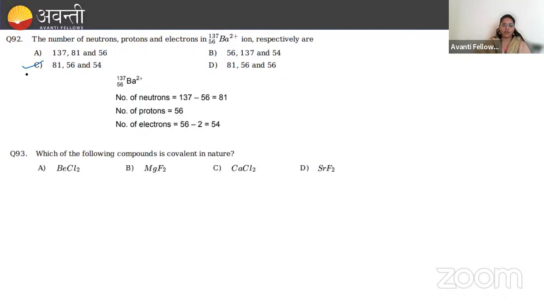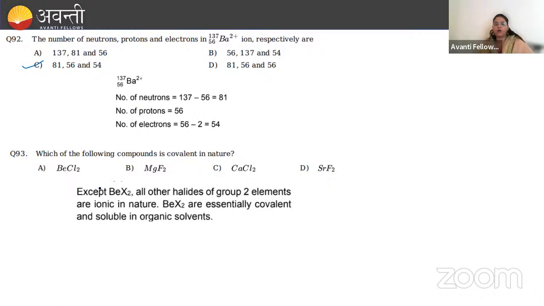Which of the following compound is covalent in nature? So how you can determine a given compound is covalent in nature? According to which rule? So, except BeCl2, all other halides of group 2 elements are ionic in nature. BeX2 are essentially covalent and soluble in organic solvent.